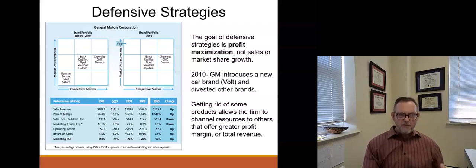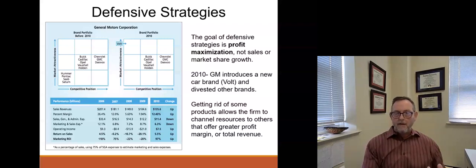And so the chart shows revenues and margins and return on marketing investments. Marketing and sales expenses are something we track, and then we look at how effective that spend is in marketing and sales.